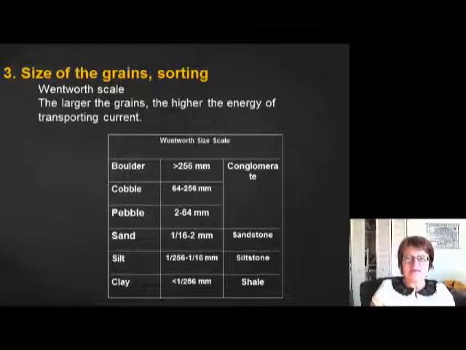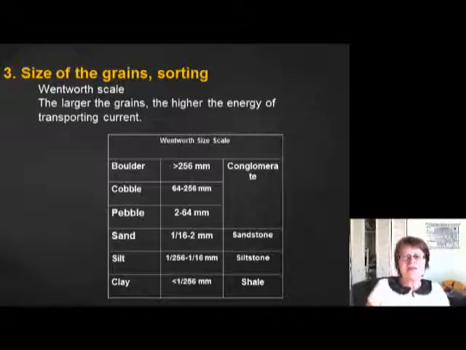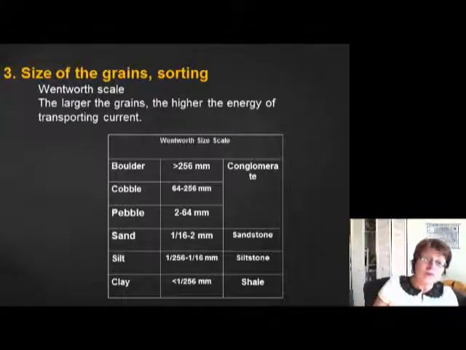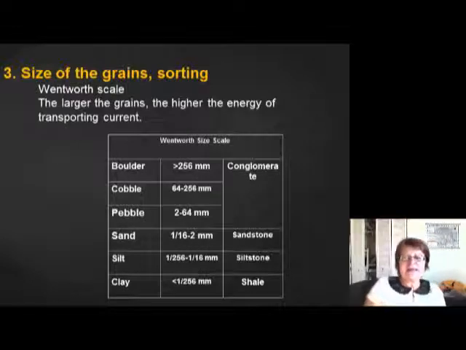We learned grain size last semester, and I think that's going to be enough for this semester too. Probably we have the possibility in the lab to really use the Wentworth scale. That's what they use in technical labs when they want to analyze the soil sample by the grain size.